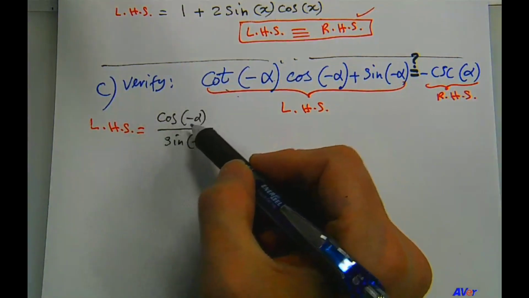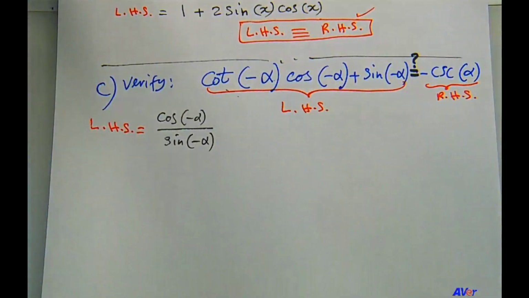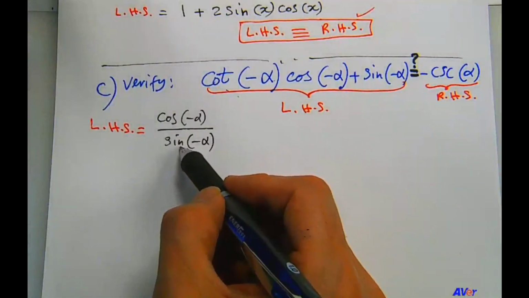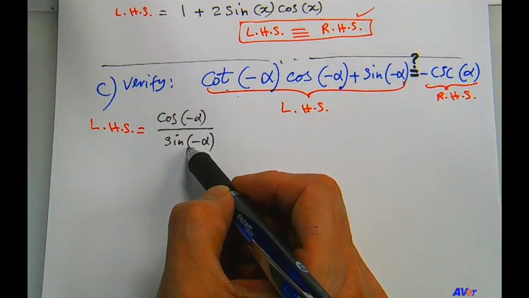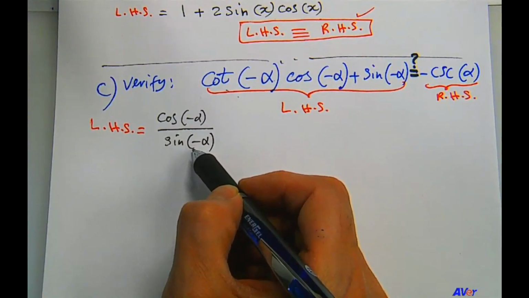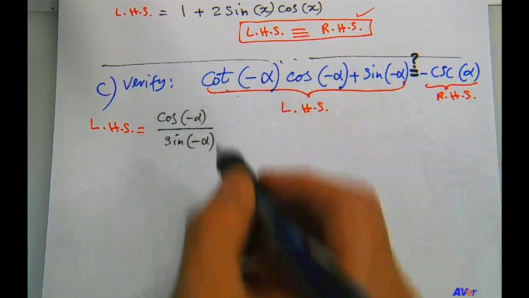So that means cosine of negative alpha is equal to cosine of alpha, and that itself simplifies the numerator here. And sine, because it's an odd trigonometric function, sine of negative alpha will be minus sine of alpha. Okay, but we'll get to that.